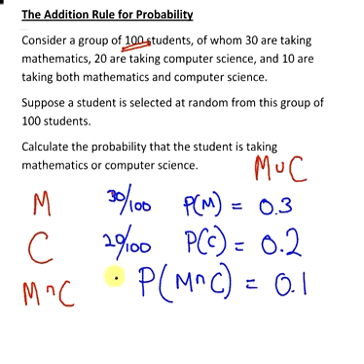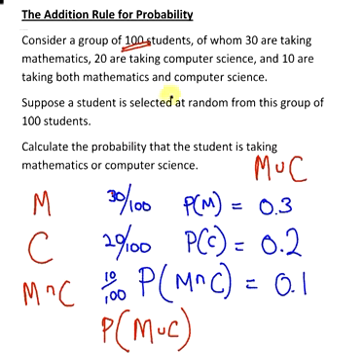Again, that's 10 out of 100. Okay, so what we are asked is to find out the probability of M union C, mathematics or computer science. So M union C. And to do this, what we're going to do is use the addition rule for probability.